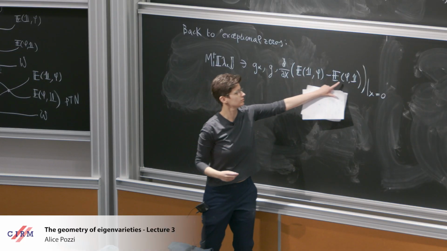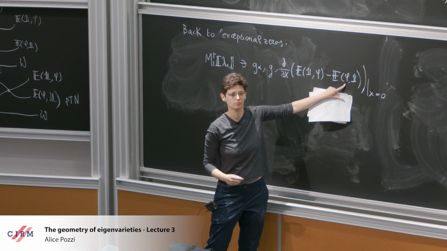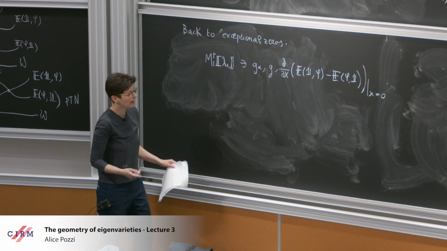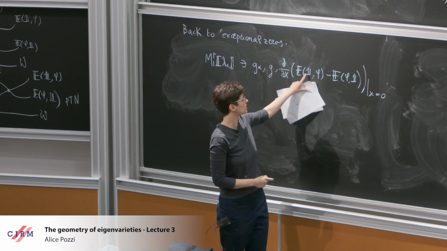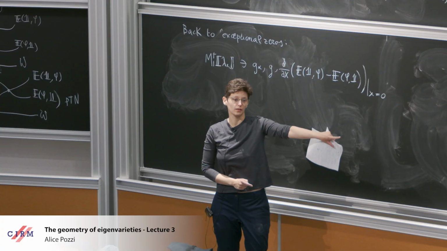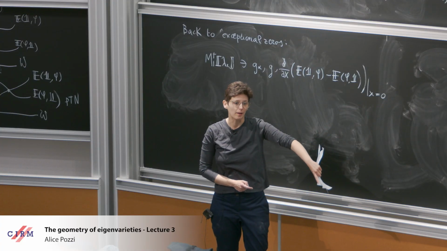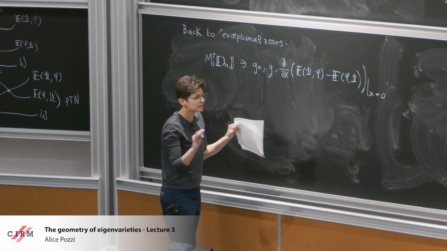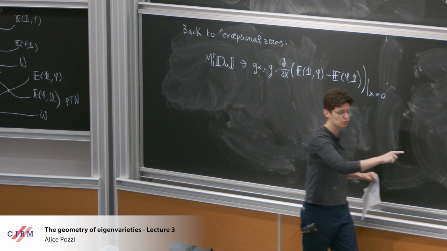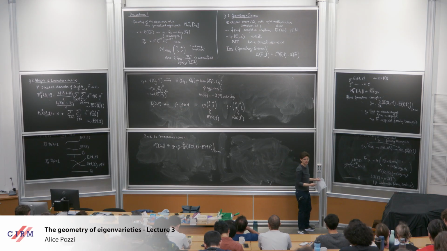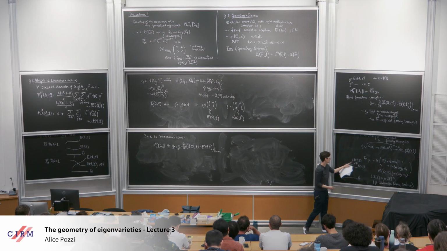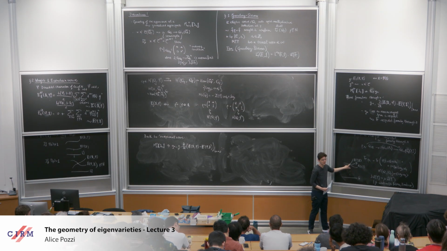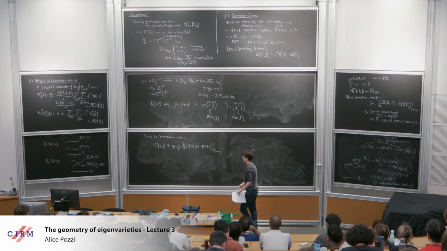So the derivative of the difference of these two families there. But now I can play the same game, taking the difference of one of my Eisenstein families and the cuspidal family. The derivative itself of each individual family doesn't have any reason to be anything. But when I take the difference, I get a family that vanishes at the point, and then I can divide by my parameter x, and this becomes a sensible thing to do.